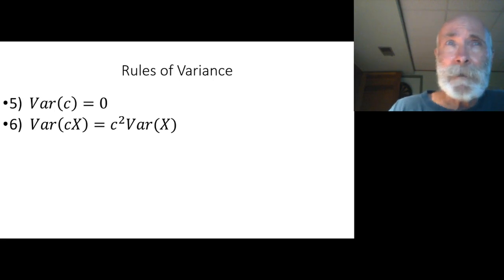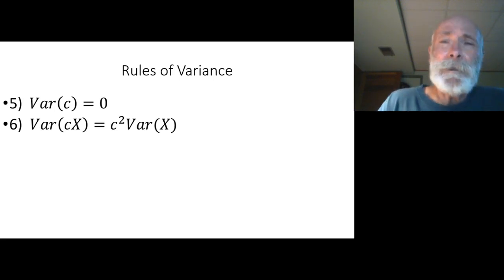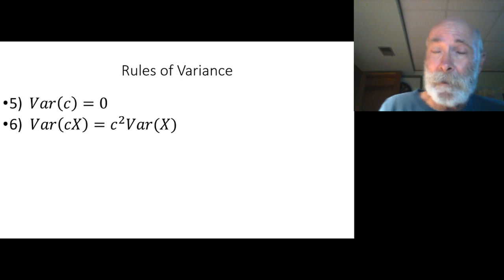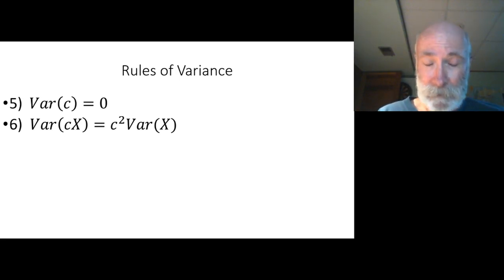The variance, and this is perhaps the most instructive one, the variance of c times, so some constant times the random variable, is going to be c squared times the variance of that random variable. And if you go back and look at the equation for the variance, you'll see that that must be true. So here, that's an important point, and the reason this is important is this.